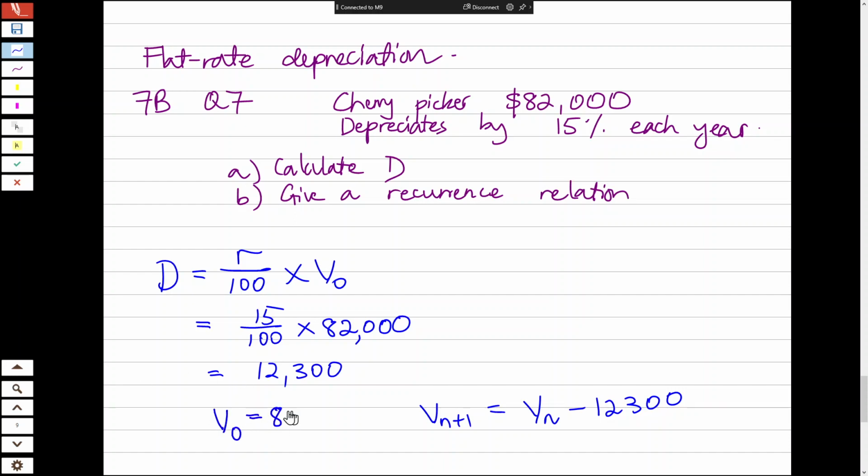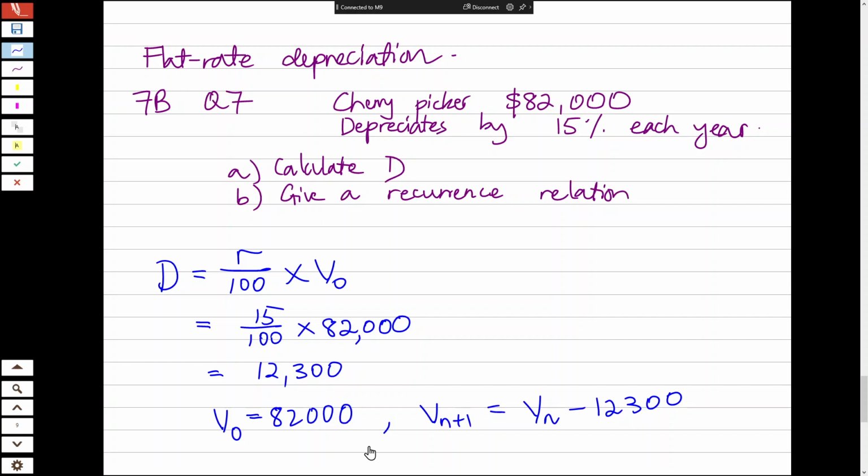V naught. So one of the things I noticed last year was people sometimes put Vn here. People sometimes put V naught here or V1 here. It's subtle, but I'm just going to tell you what to do, okay? V naught is your starting value. Vn plus 1, first define it in terms of Vn.